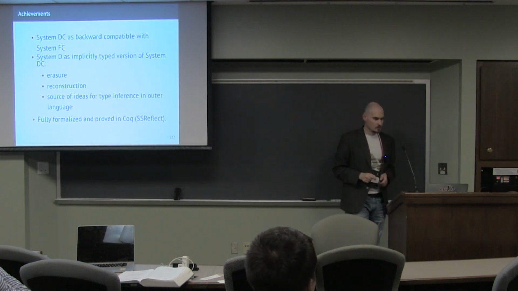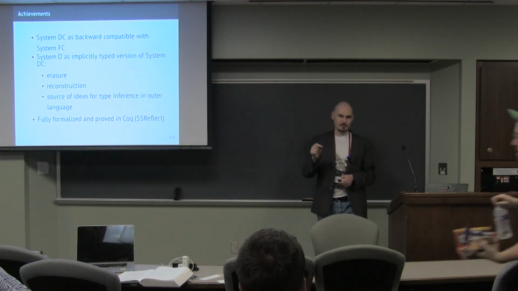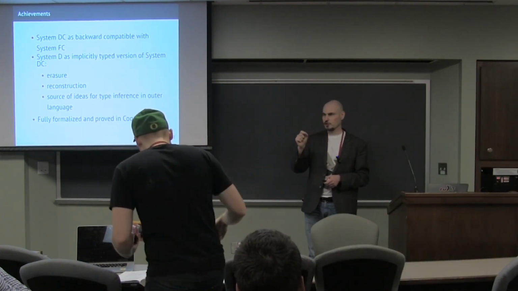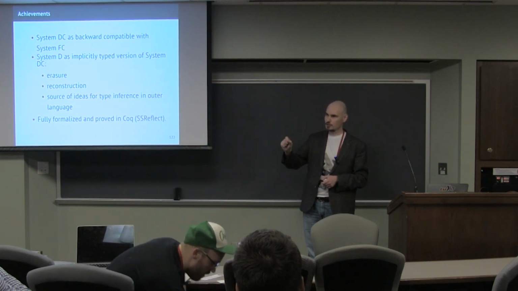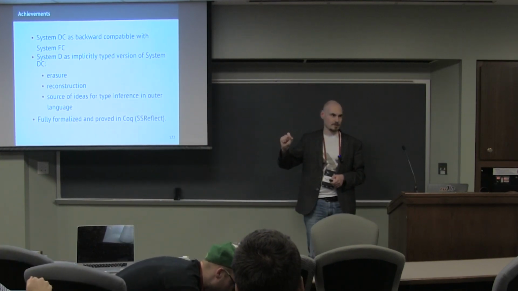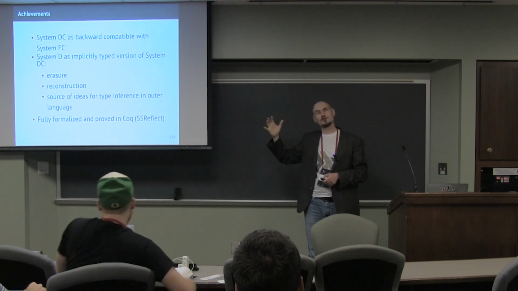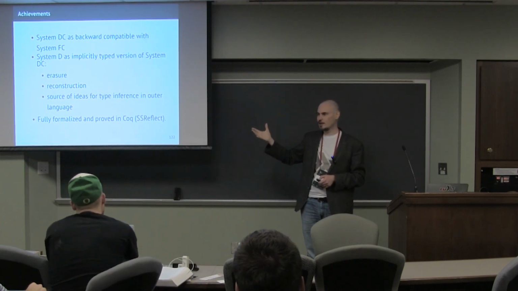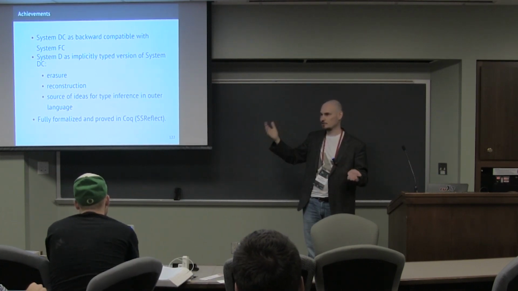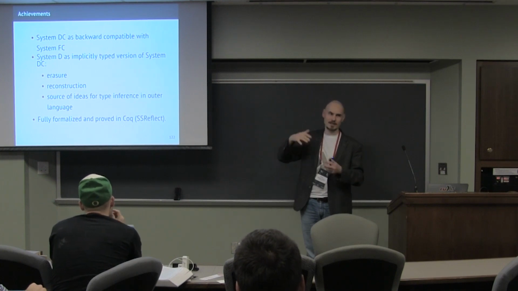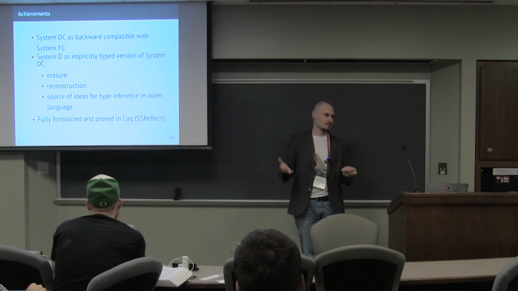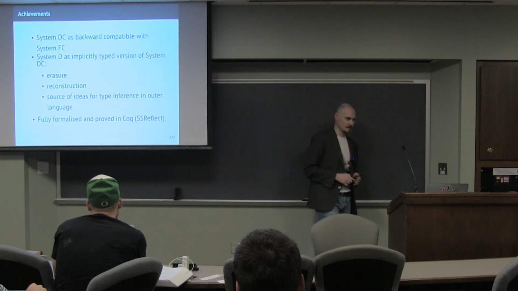Then they also wanted to provide System D, an implicitly typed version. Remember that GHC Core is explicitly typed. So they wanted to look at how things go when you have an implicit version. Is it possible to reconstruct types in this type system? That's why they need that.